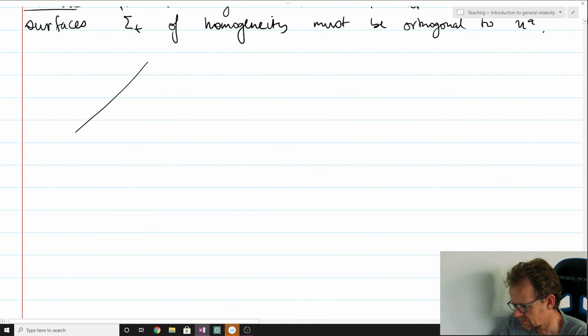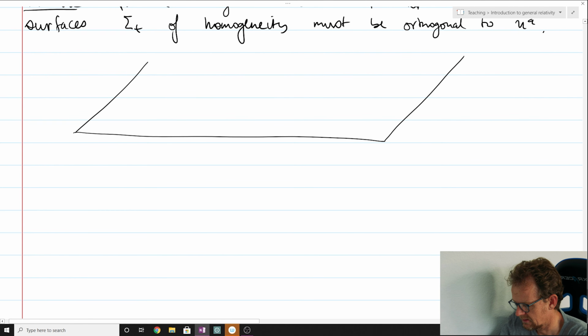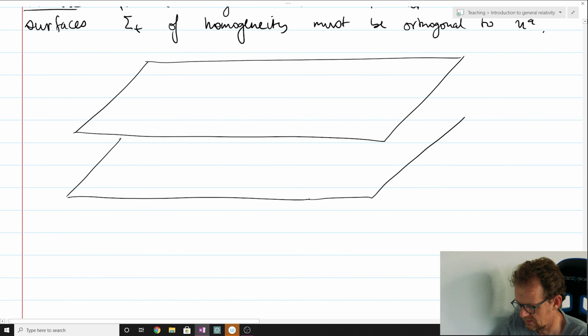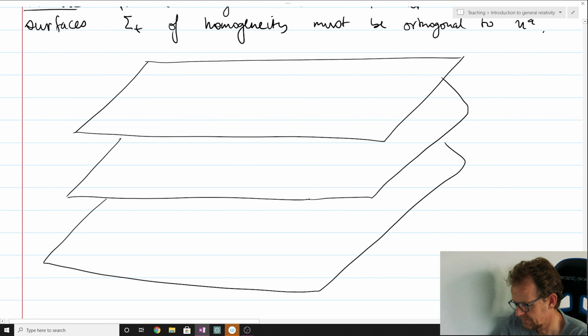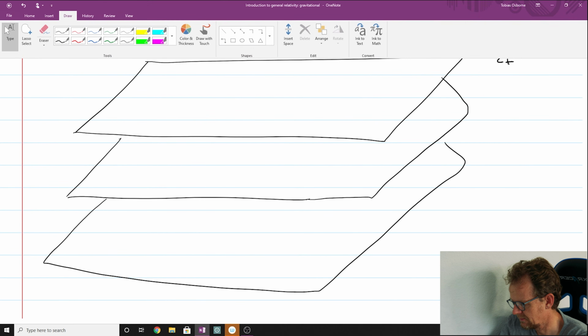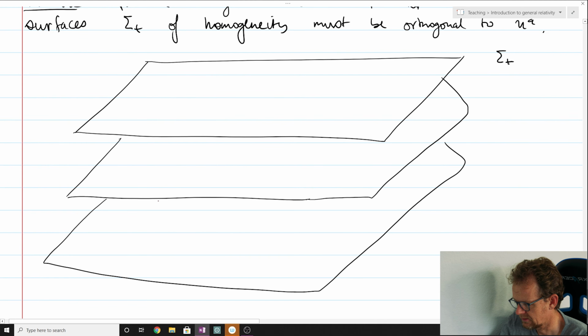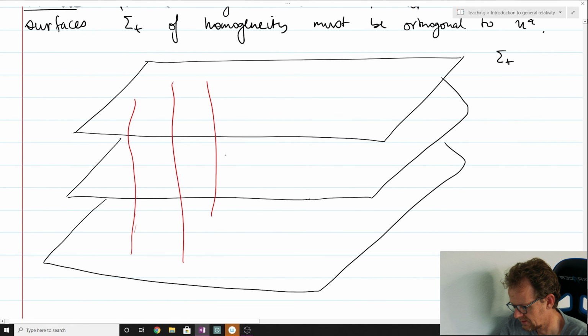So I just want to draw a picture before we finish for today that summarizes both isotropy and homogeneity in one picture. Here I've drawn the surfaces Sigma t foliating space-time, and then there's this congruence of time-like curves going through space-time, going through each of these leaves.